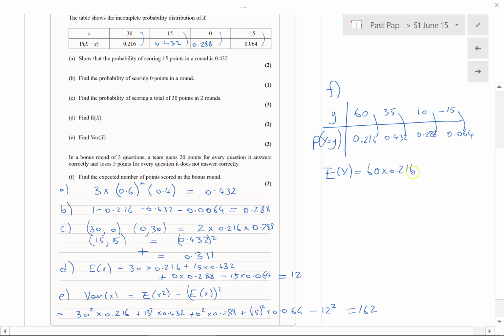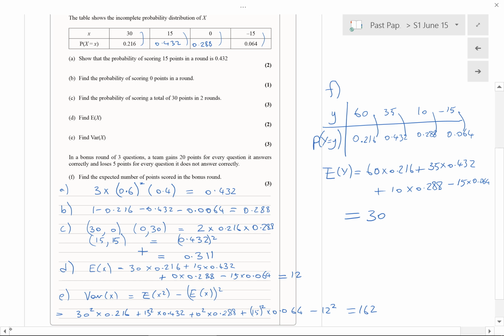Never just write an answer for this thing, even if you need to save your work, at least one line of work in. Minus 15 times 0.064, and that equals 30. Okay, so there we go, there we have it.